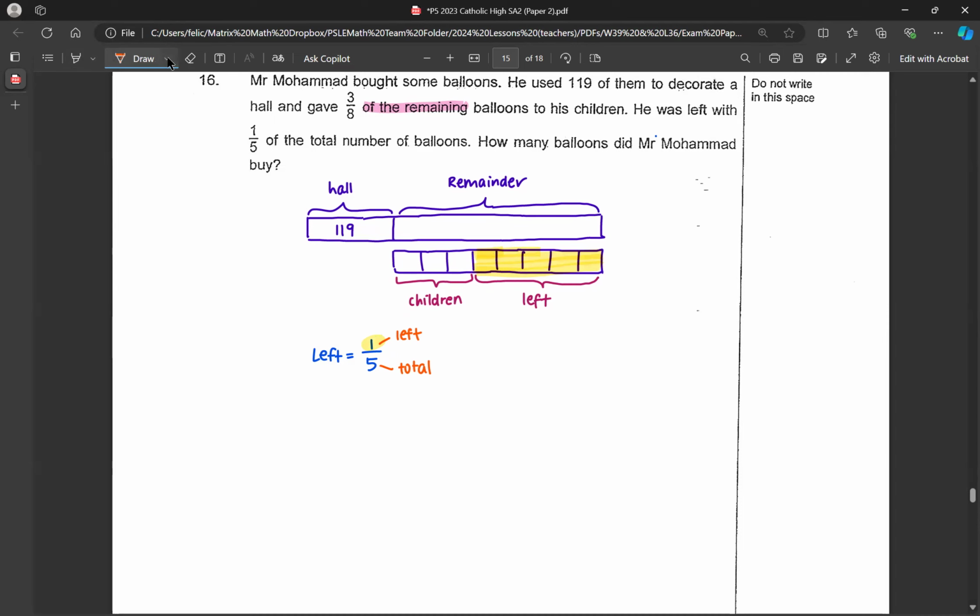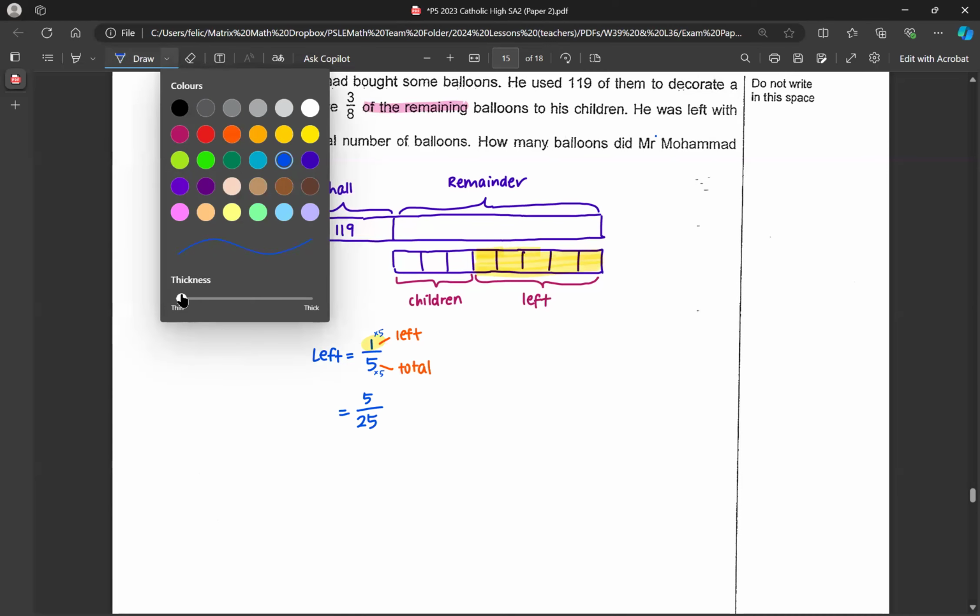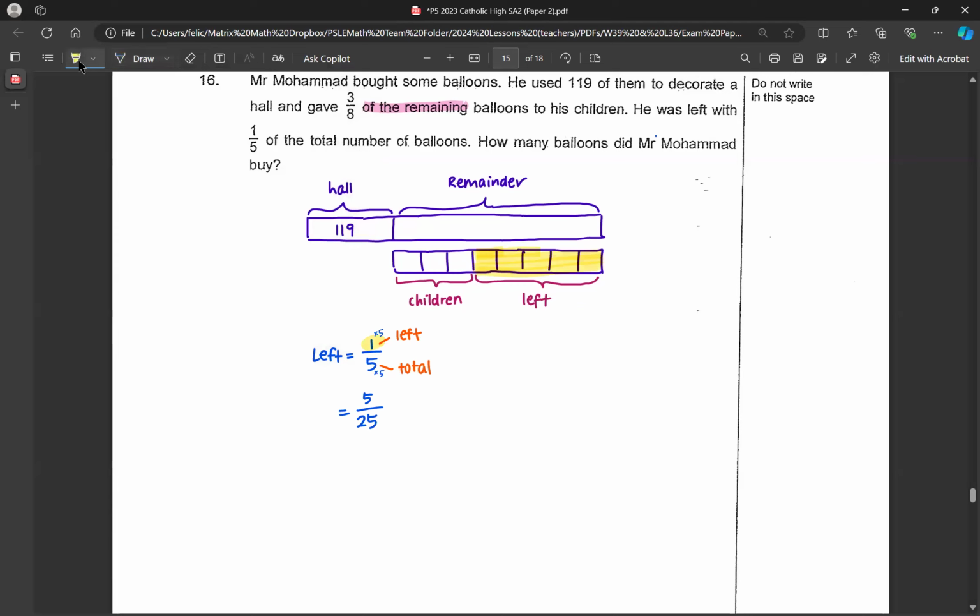So what we're going to do with the 1 is multiply it by 5. 5 times 5 becomes 5/25. See what I mean? I multiply 5 to this, and 5 to the other one. That allows this 5 units and that 5 units to match.